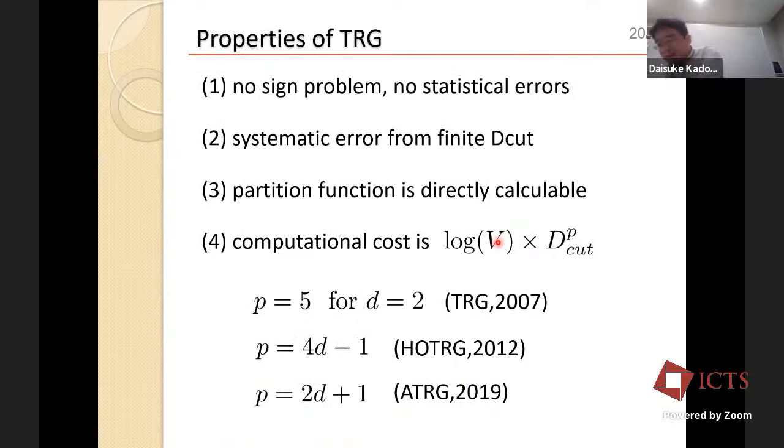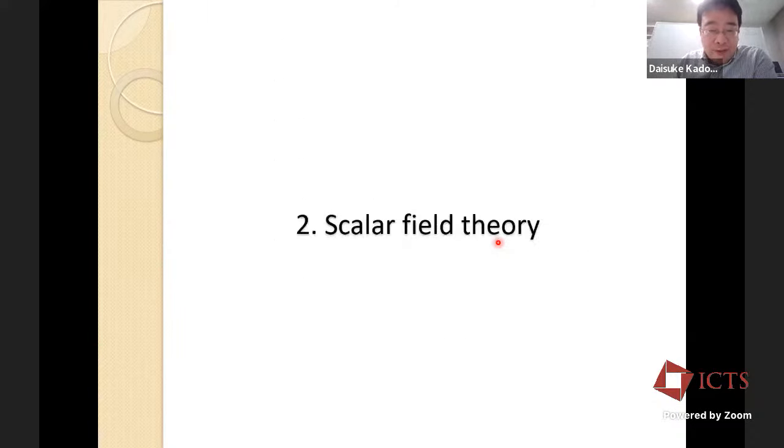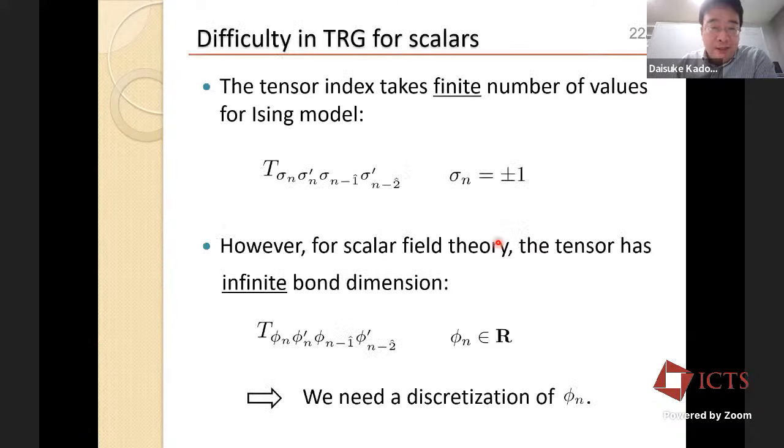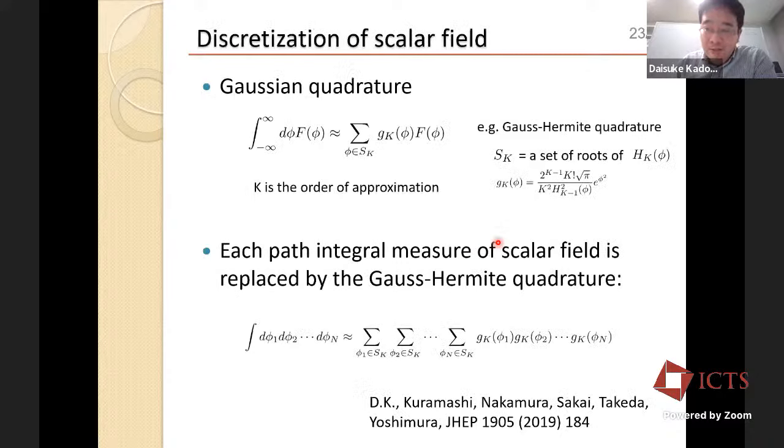Yes, we can use the TRG method to study the Schwinger-Keldysh formalism, but in that case, an exponential i lambda phi^4 term appears, and the discretization of scalar fields does not work because exponential i lambda phi^4 is not an exponentially damping function.